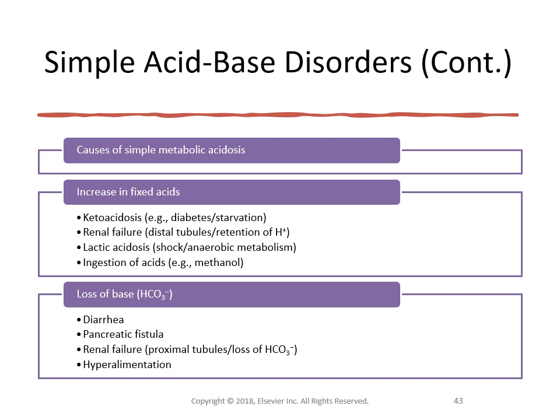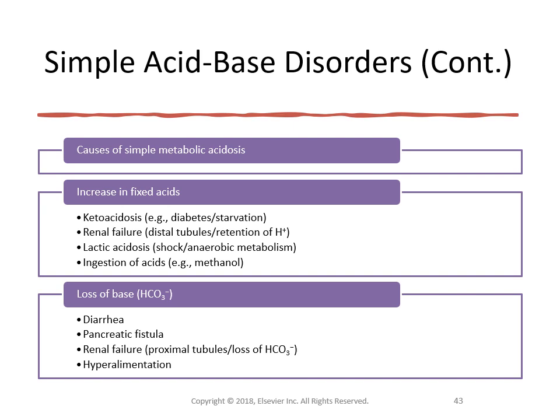Common causes of these two types. Gains in fixed acid load can result from increased metabolic acid production or decreased renal excretion. A reduction in base normally is associated with excessive loss of bicarb.